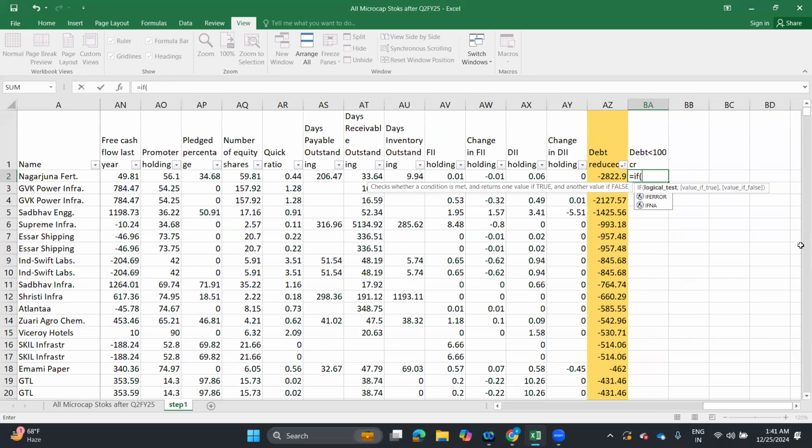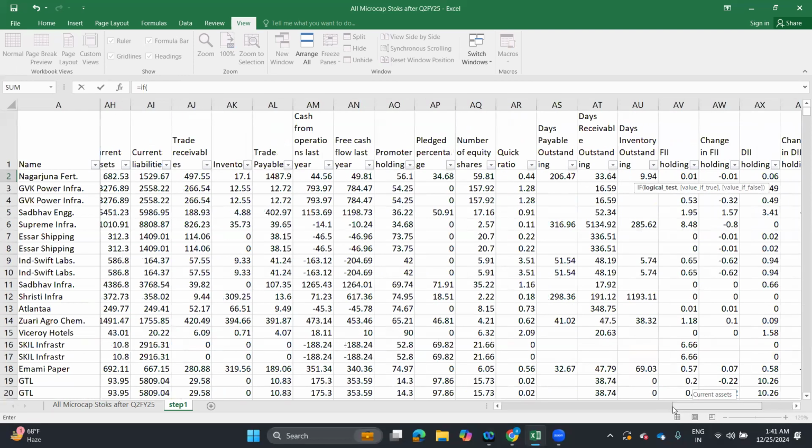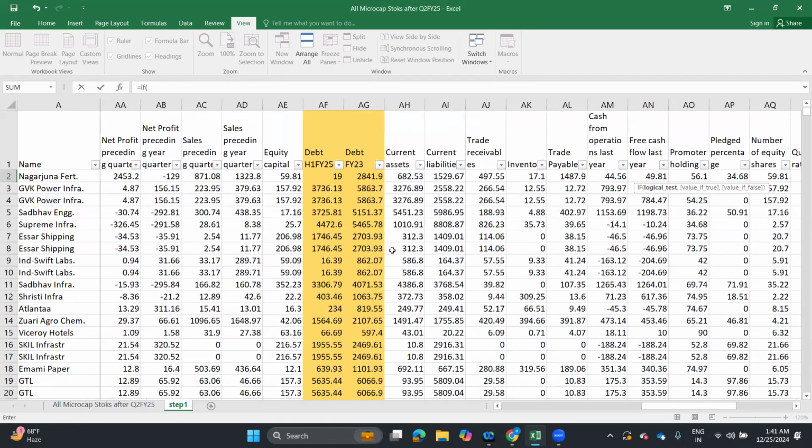If this H1 FY25 number is less than 100 CR, then show me this data. Else, what should I write? Else, avoid.